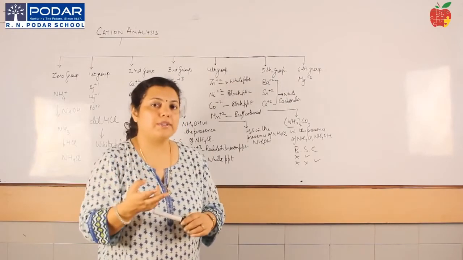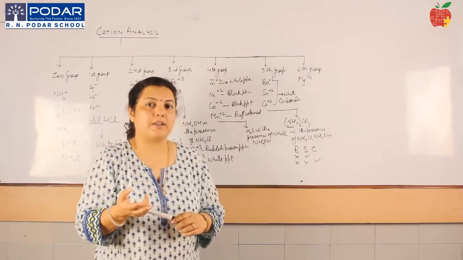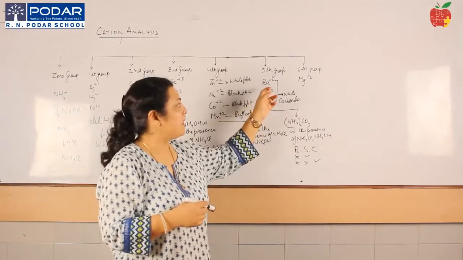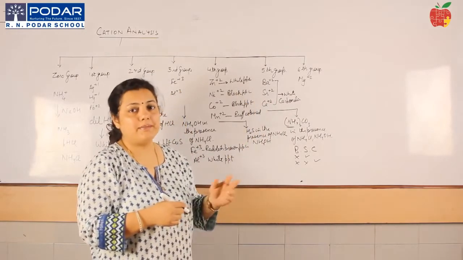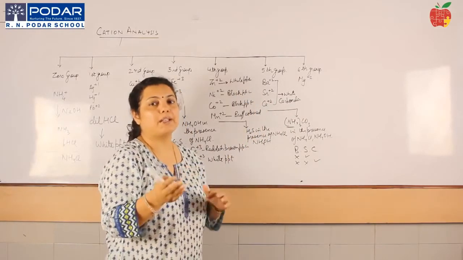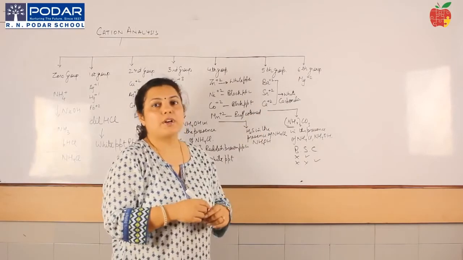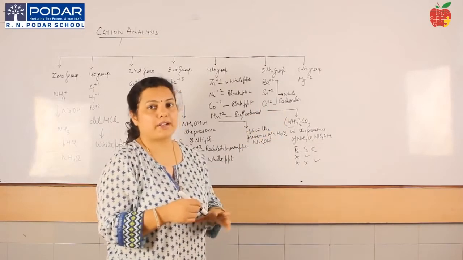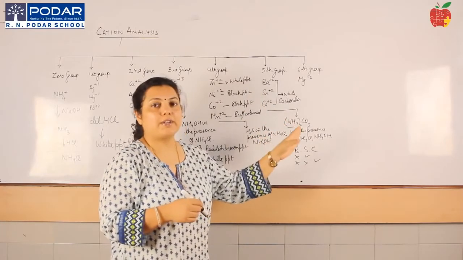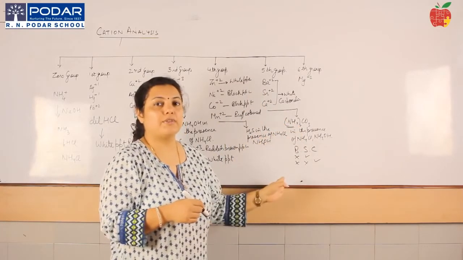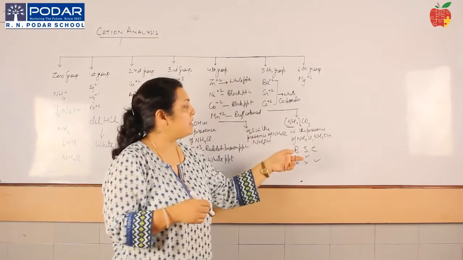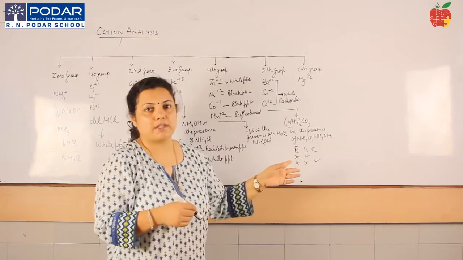If color is imparted to the flame, the kind of color will indicate the presence of barium, strontium or calcium. Color for barium is green, that's apple green color. Strontium is your crimson red, which is rustish in color, and calcium is your brick red or blood red. So if you have these colors imparted to the flame, they will indicate the presence of barium, strontium or calcium. Once you have done the flame test, it is easy to perform the confirmatory.